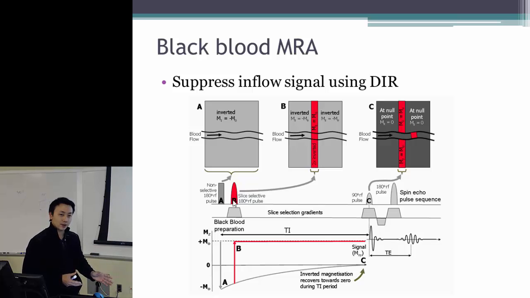It flips all the blood in the whole head or in the whole body to the negative z-axis. So this inversion RF pulse works for all the blood signal. That means it is not affected by the TOF effect.